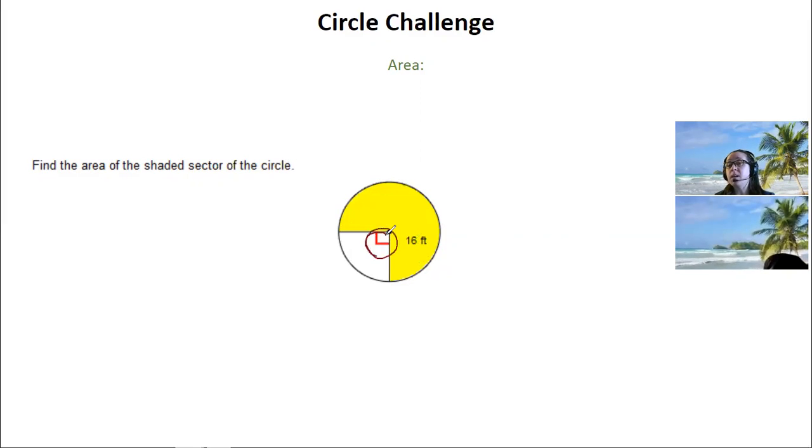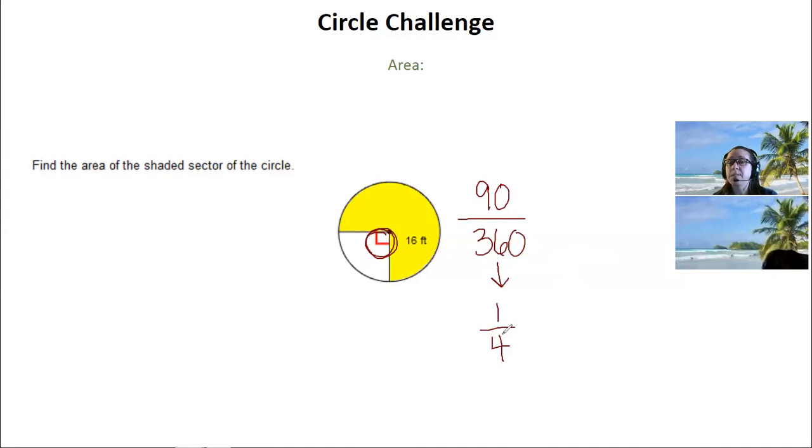So we are given a 90-degree angle, and we compare it to 360 because a full circle is 360 degrees. So what is 90 over 360 simplify down to? Who thinks it's 1/4? It is. It's totally 1/4. Isn't that cool? It's 1/4.